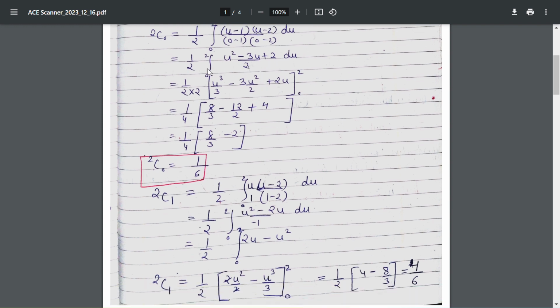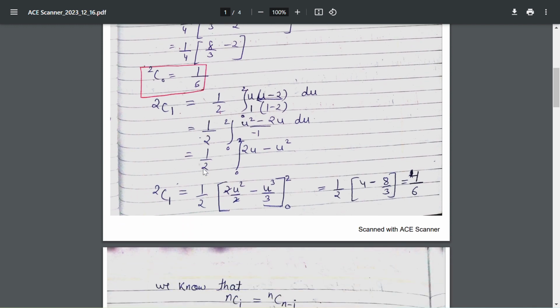And this 2 will be multiplied by this 2, and after integration with respect to u, we get u cube by 3 minus 3u square by 2 plus 2u, and limits are from 0 to 2. When we put limits in this term, we get 8 by 3 minus 12 by 2 plus 4. And on solving this, we get 2C0 equals to 1 by 6.